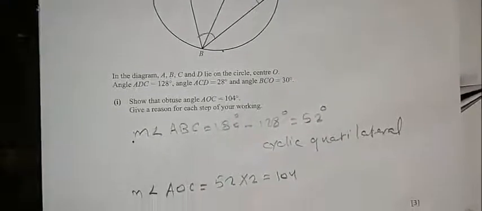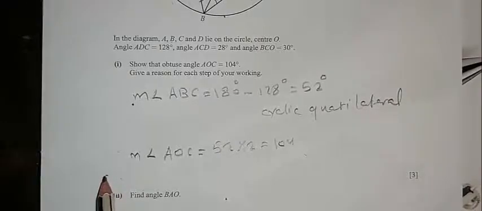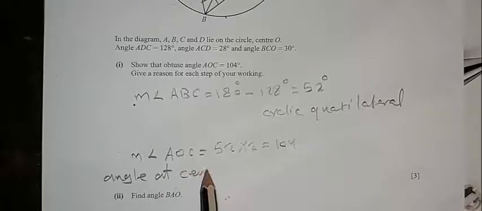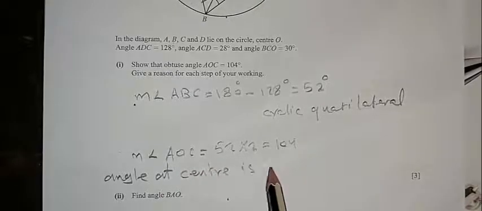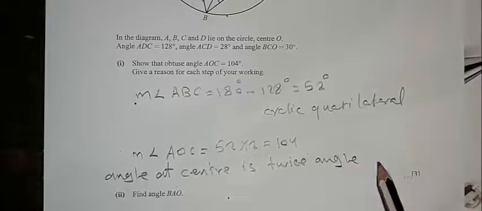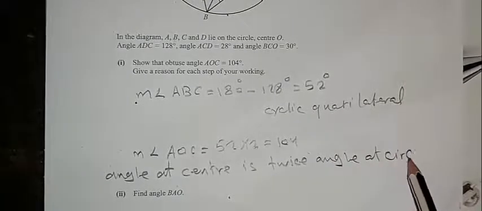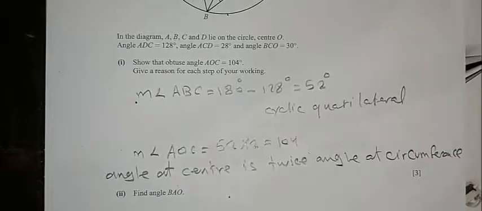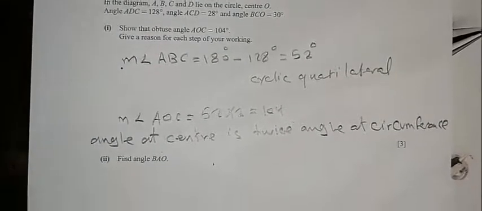And to give a reason, we can write that angle at center is twice angle at circumference.